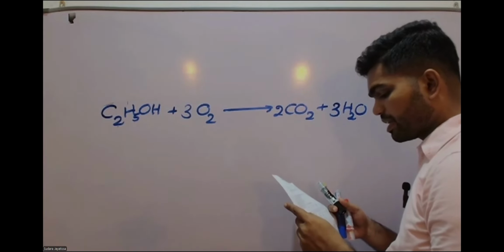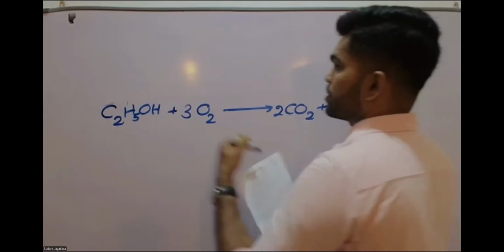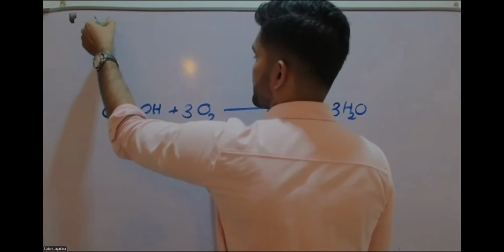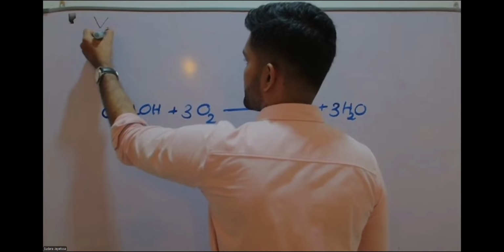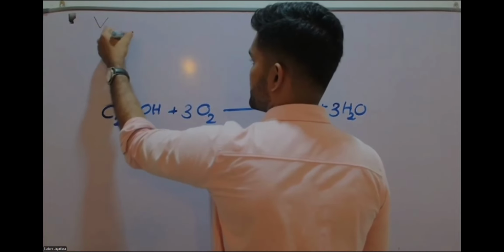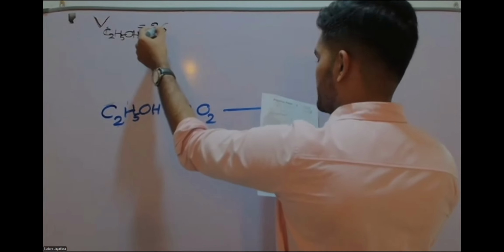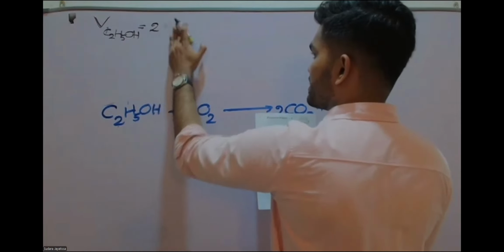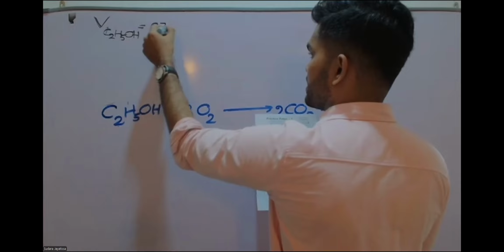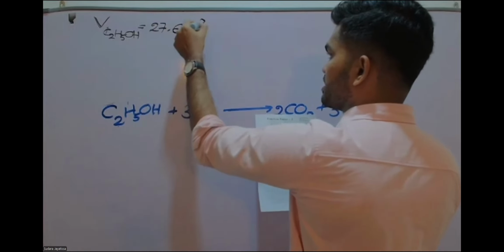27.6 cubic centimeters of ethanol. So you have the volume of ethanol, C2H5OH, 27.6 cubic centimeters.